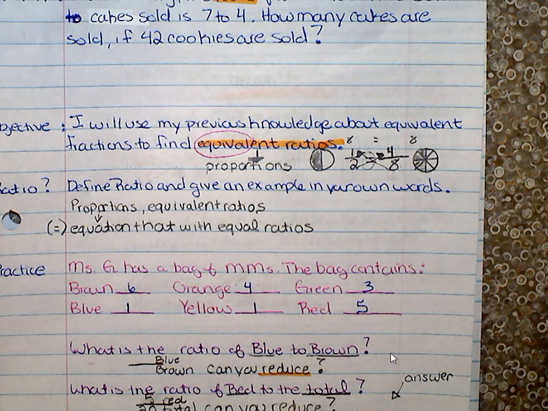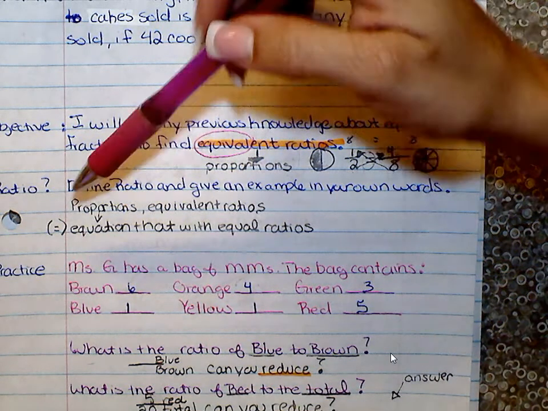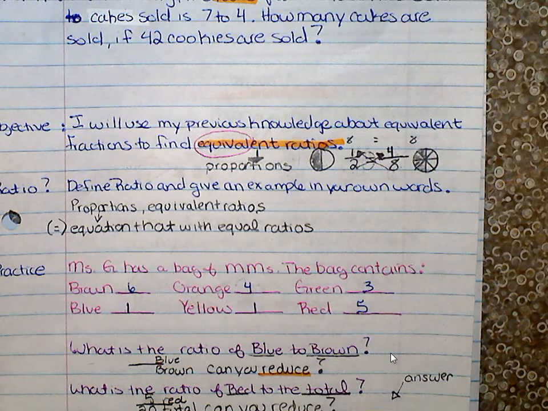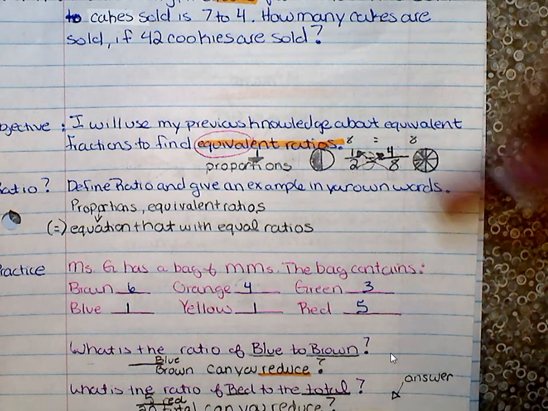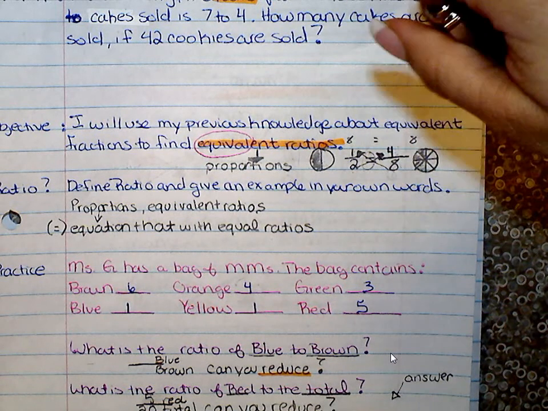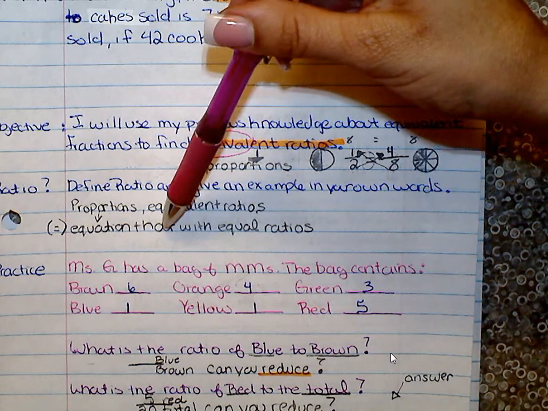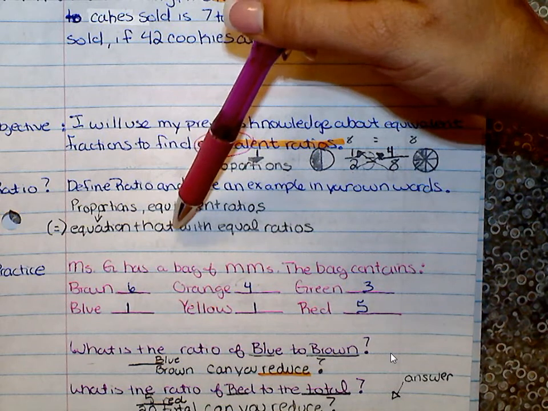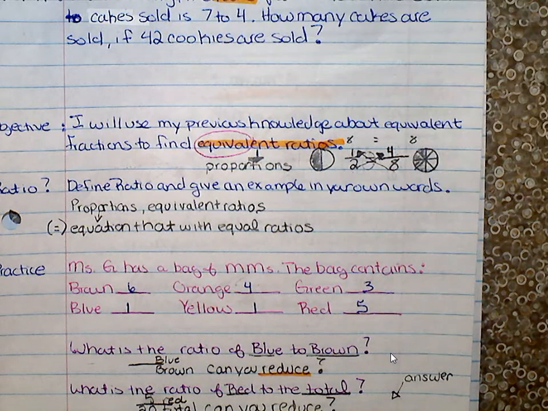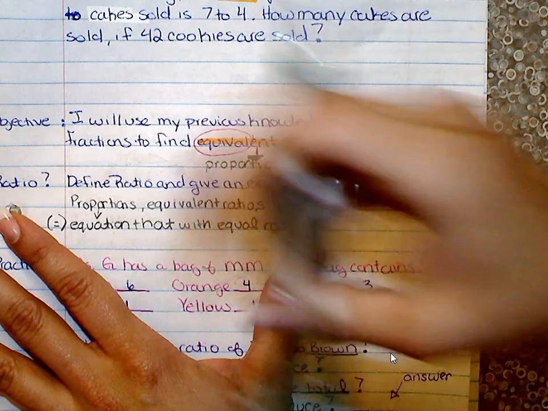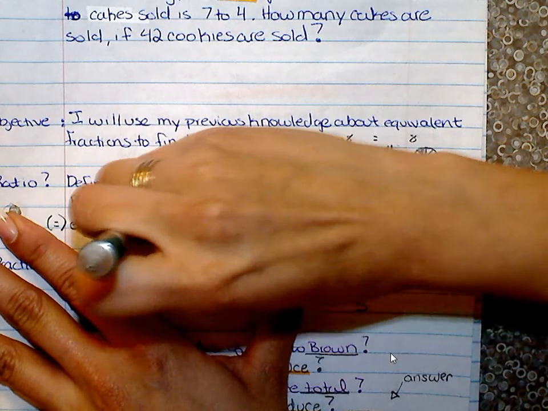Proportions and equivalent ratios are pretty much the same thing. Well, they are the same thing. And it's a proportion because it's an equation with equal ratios.